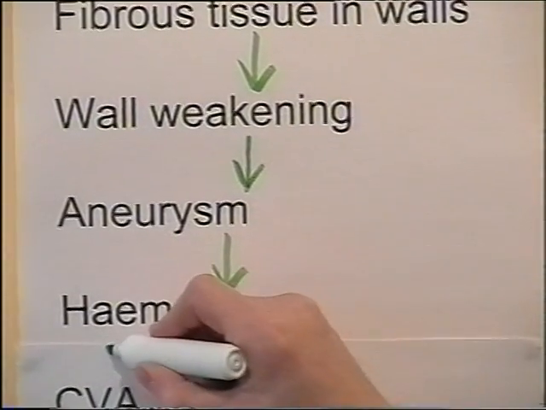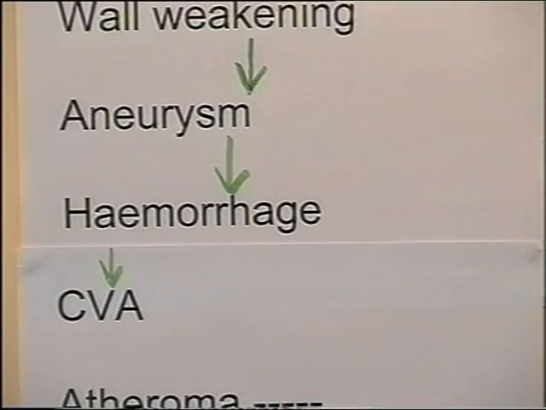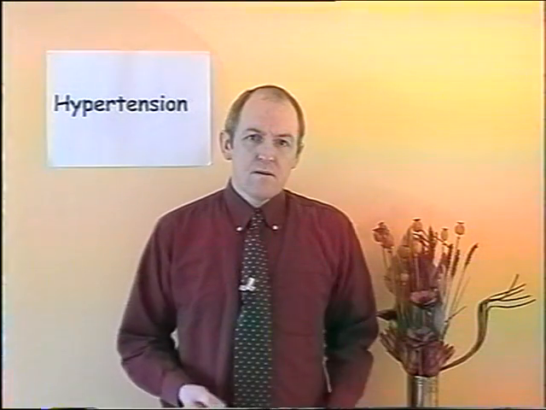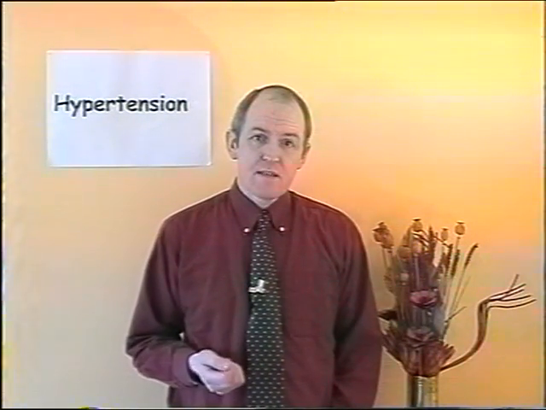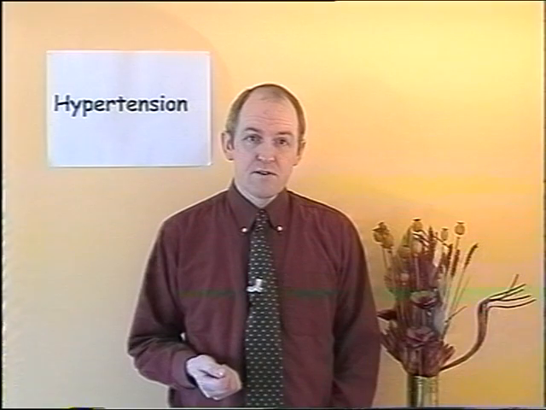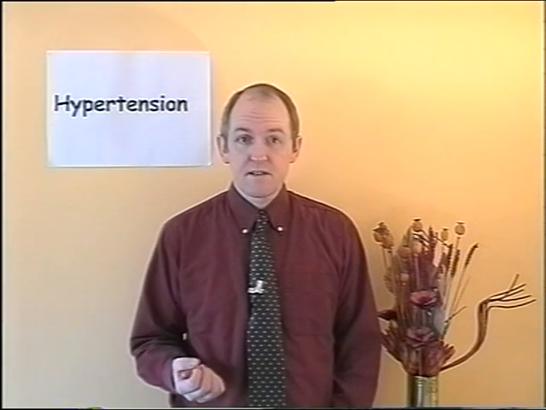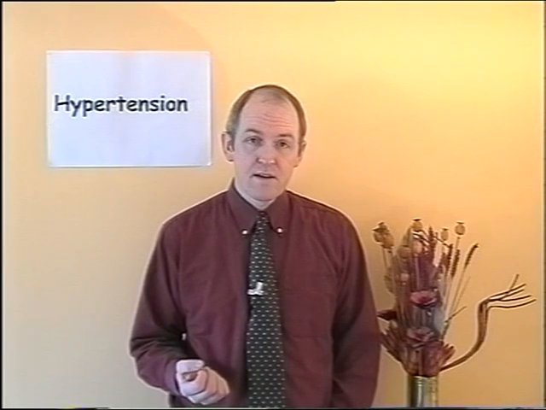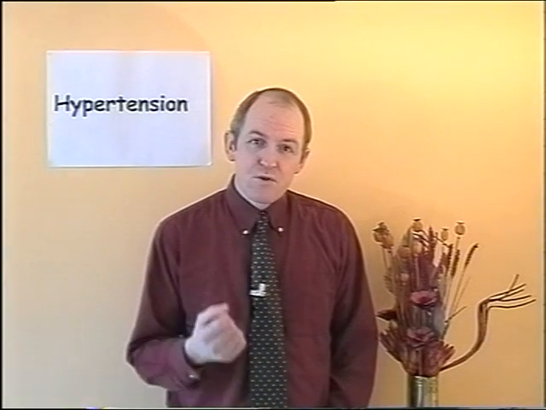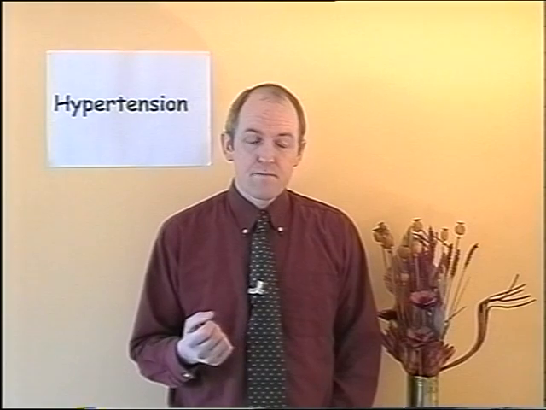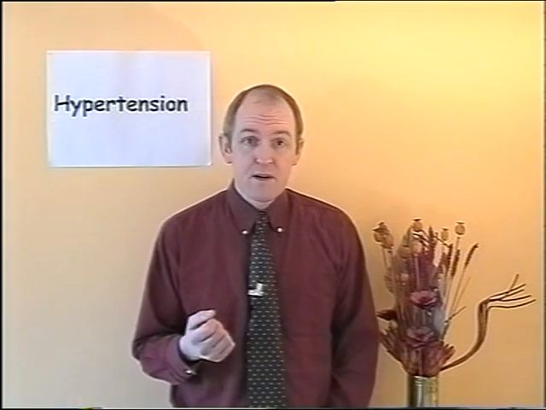And the hemorrhage, of course, is one possible cause of cerebrovascular accident. So hemorrhagic strokes can be caused by hypertension. Now, we've already established that hypertension can lead to atheroma, and atheroma, often affecting the larger blood vessels supplying the brain, is a source of thromboembolic stroke and ischemia.